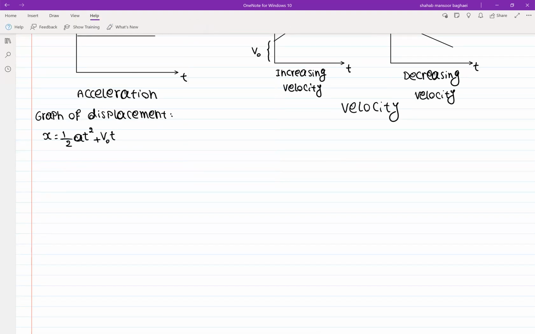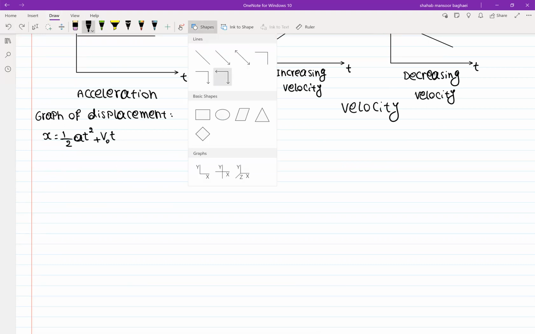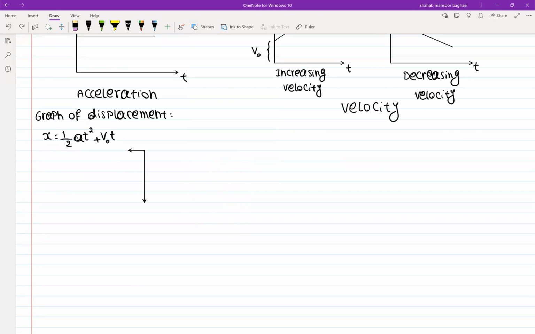Consequently, you have this graph. Vertical axis is displacement X or D. Both of them are correct. Horizontal axis is T, and you don't have a line here. It's a curve like this. Look at it. It is called parabola.